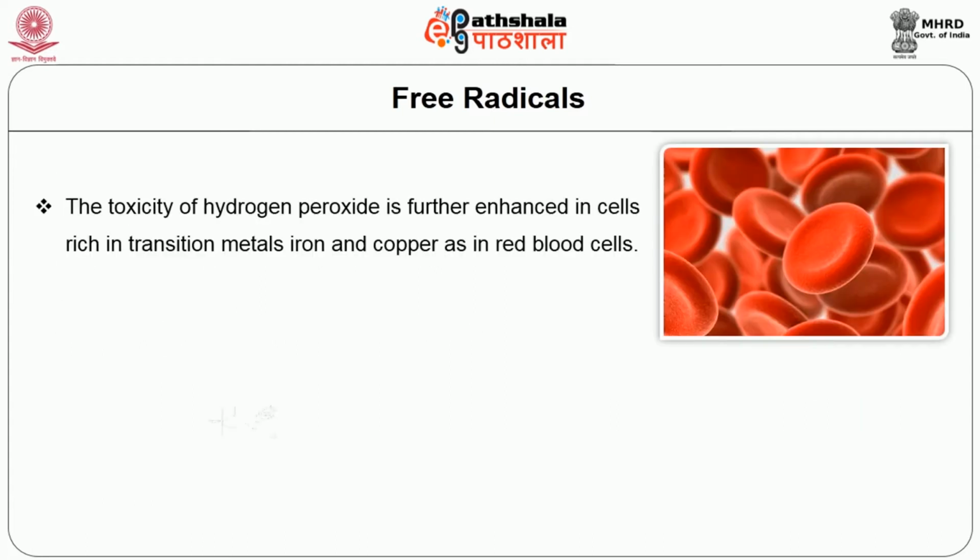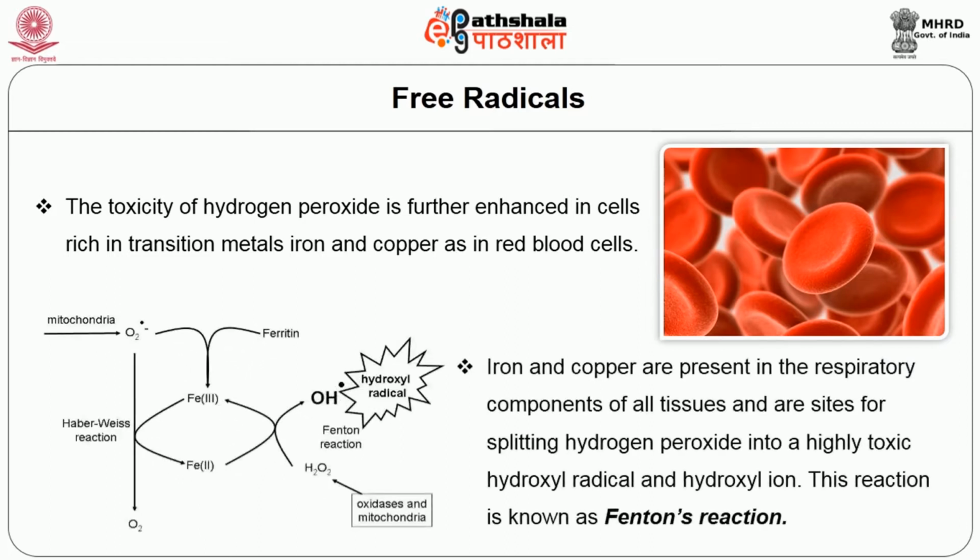The toxicity of hydrogen peroxide is further enhanced in cells rich in transition metals, iron and copper, as in RBCs. Iron and copper are present in the respiratory components of all tissues and are sites for splitting hydrogen peroxide into a highly toxic hydroxyl radical and hydroxyl ion. This reaction is known as Fenton's reaction.